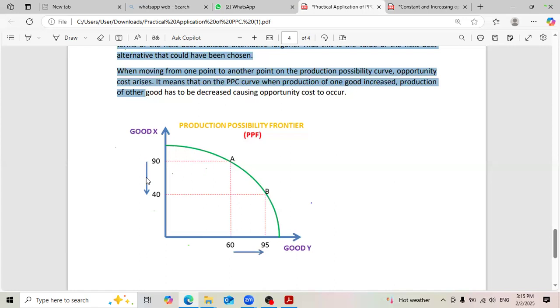The number of units which have to be reduced is called opportunity cost. Here, to increase production of Y by 35 units, X production has to be decreased by 50 units. So opportunity cost takes place. Opportunity cost is the units of X which need to be given up to produce 35 additional units of Y.